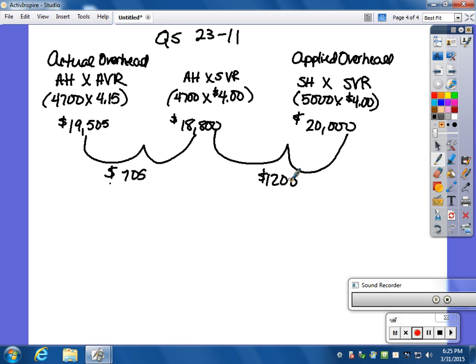In this case, is our budgeted higher than our actual? From where I'm looking, actual is higher than standard. So does that mean the spending variance is favorable or unfavorable?